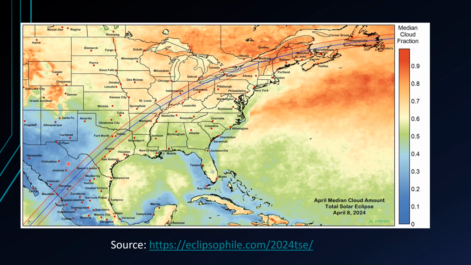So if you don't have your passport, Texas specifically will be your best bet to see the eclipse in the U.S. Maybe a little bit of Arkansas just for general cloud cover, but you're still getting up to the 50% range. For those of you that do have your passport, Mexico will very much be your best bet in terms of apparent cloud cover, with generally a very low amount of clouds overall.